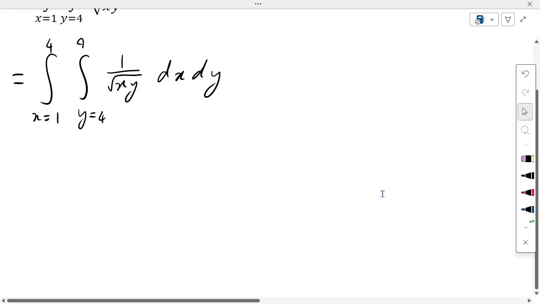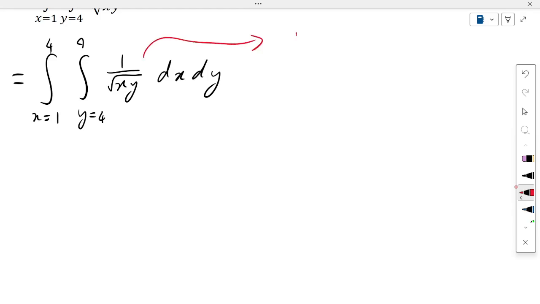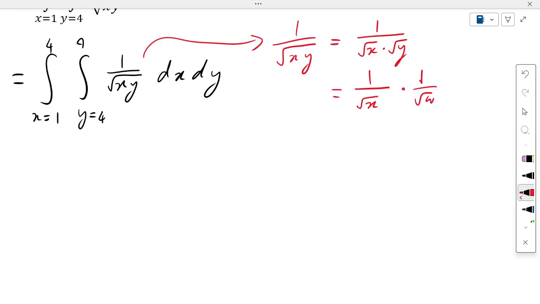What we can actually do, and I'm going to write this in red, is write this like this. So 1 over root xy can also be written as 1 over root x multiplied by root y, which we can actually just break up into 1 divided by root x multiplied by 1 divided by root y.